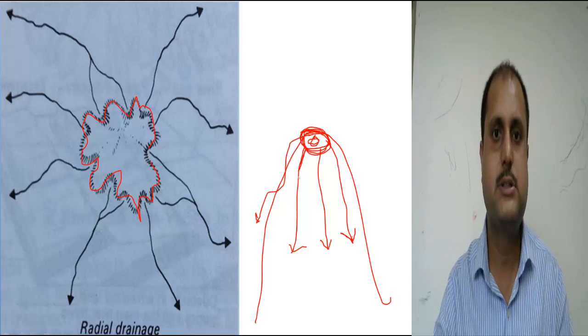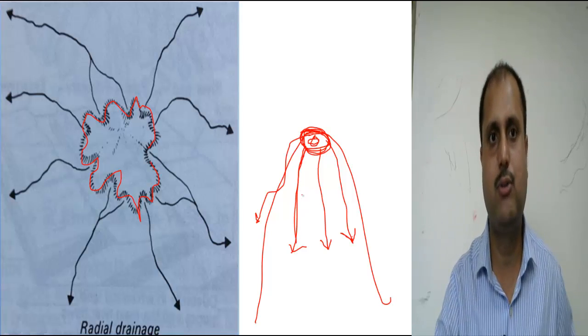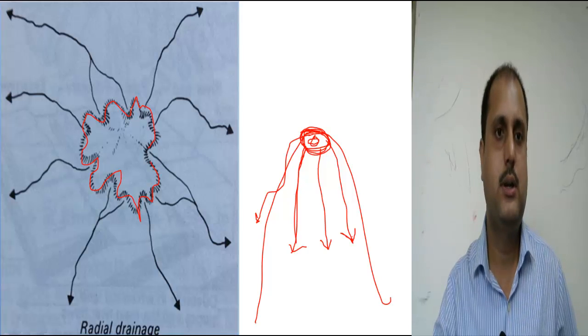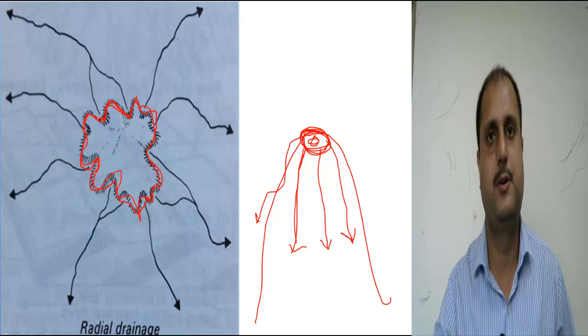So from every side the streams will get down and finally make a river. So it is a star-like structure. Wherever in the survey sheet you see the star-like structure, you will be 100% sure that it is the radial drainage pattern.